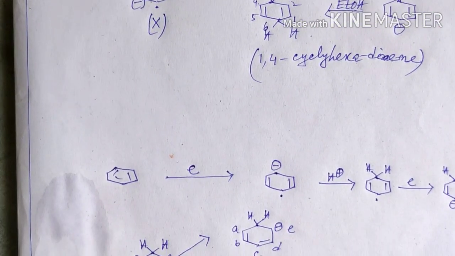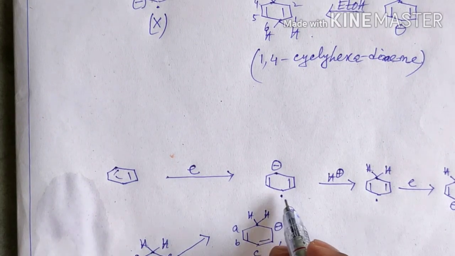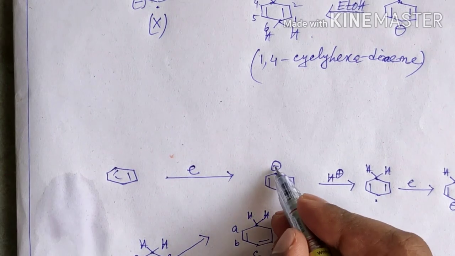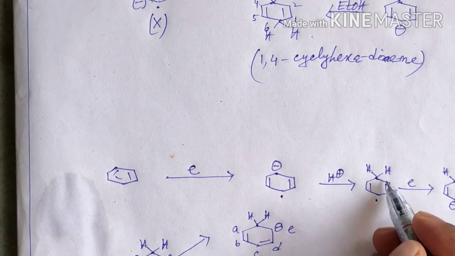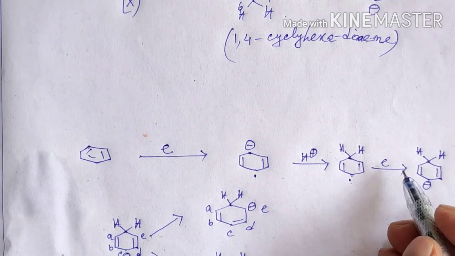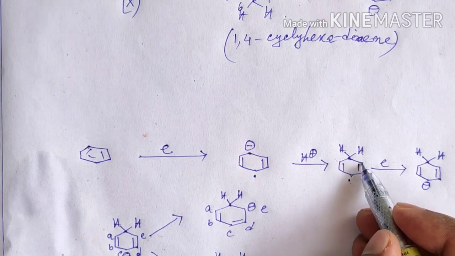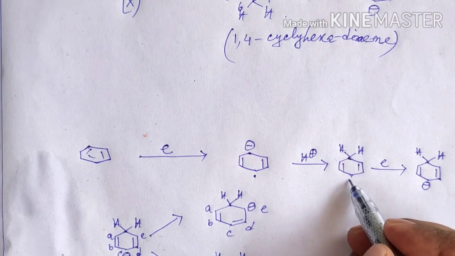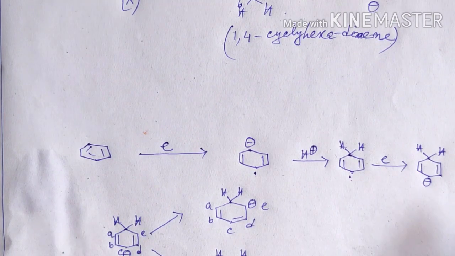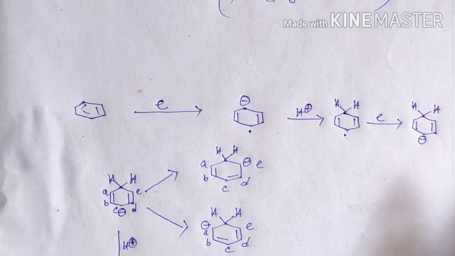We have just seen that in the case of benzene, the electron attacks this position and generates this radical anion, and this anion abstracts a proton to generate such a radical. Now the question is, where will the second hydrogen atom abstraction happen. It will happen relative to the 1,2 position or its anti position, that is in 1,4 orientation. This can be confirmed according to DFT energy calculation.